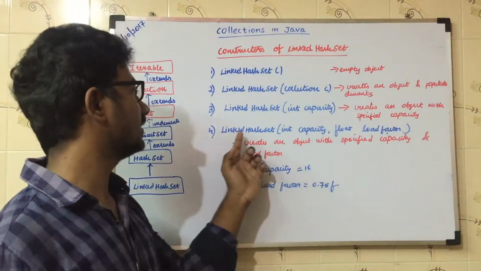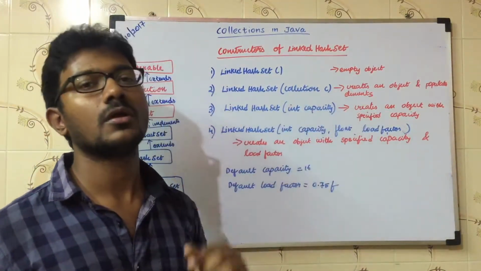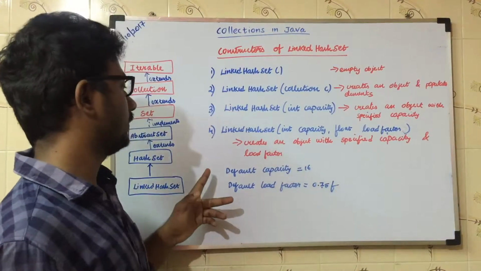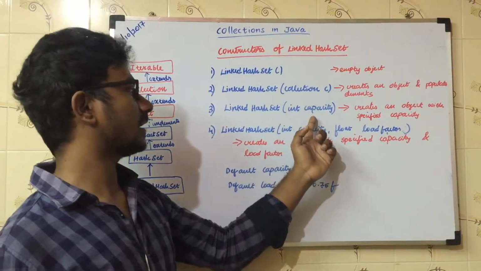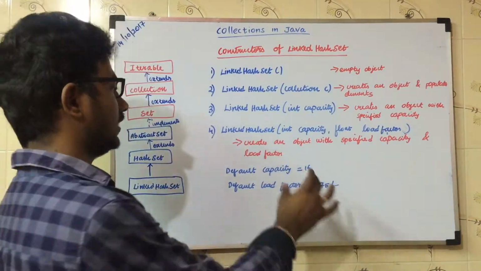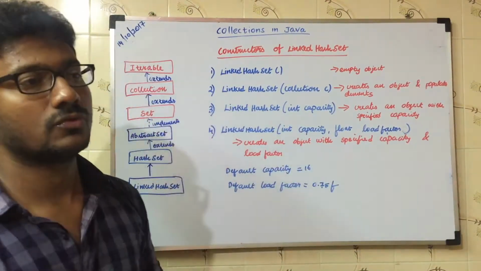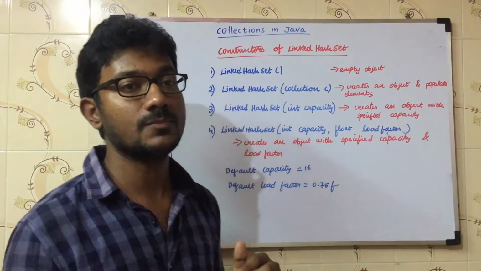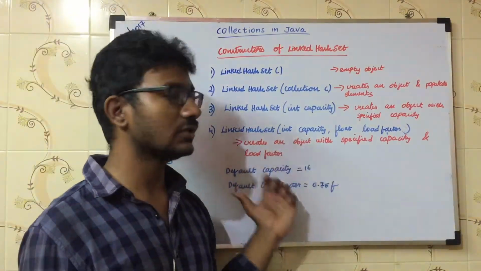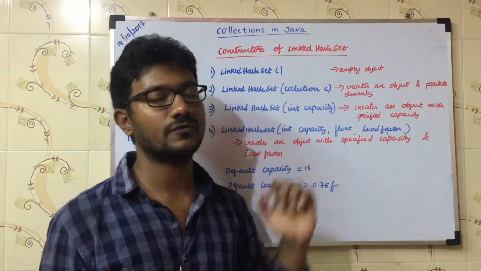The fourth one is LinkedHashSet(int capacity, float loadFactor). If you haven't sent any capacity or load factor, then the default capacity would be 16 and the default load factor would be 0.75. So please try to watch the next video. It's a very important video and it will be the continuation of this video regarding capacity and load factor.